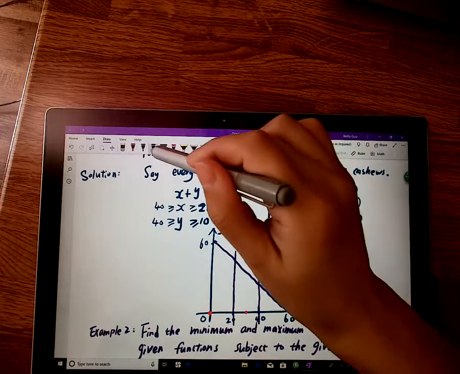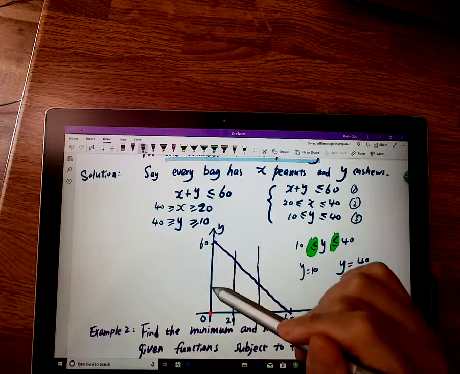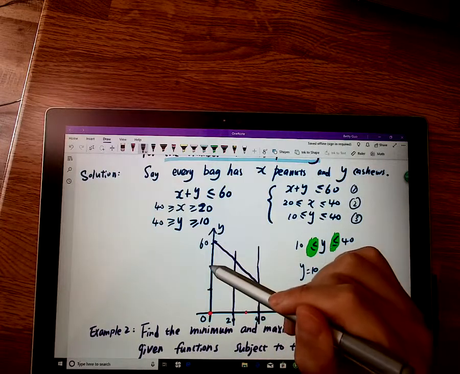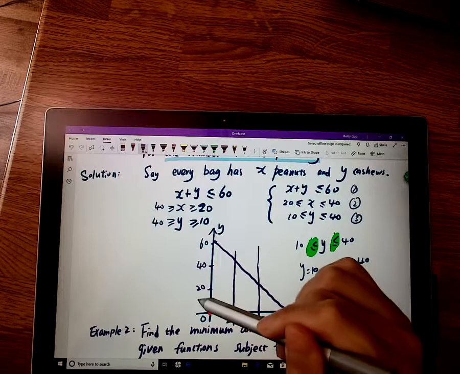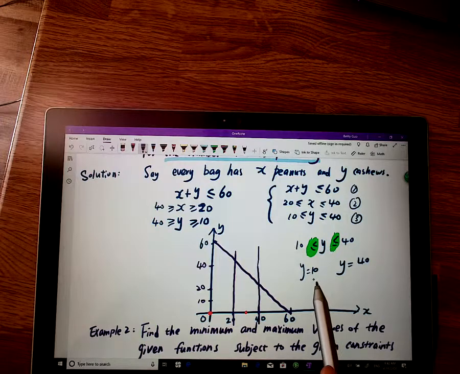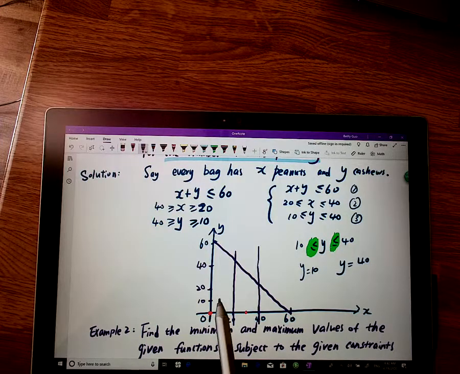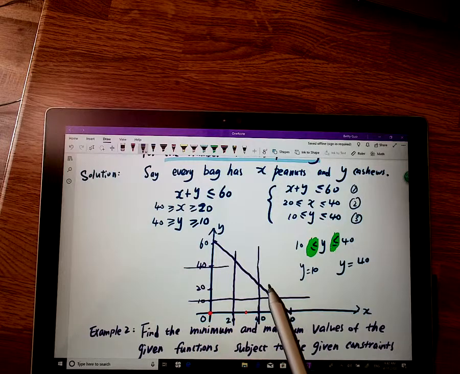y equals 10. And 40. So if this is 20, this is 40. This is 20, then 10 is going to be here. So y equals 10 is a horizontal straight line. And y equals 40 is also a horizontal straight line. Hold on, let me see if this is 20.